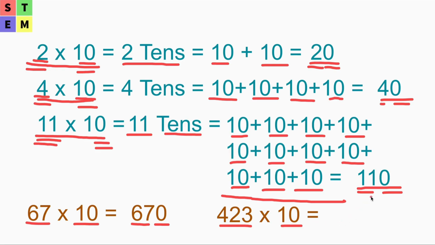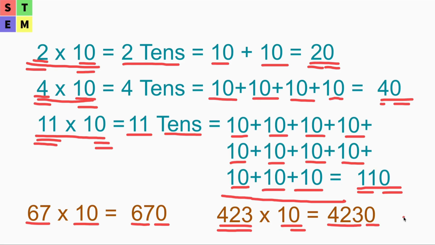So according to the pattern, what we can do here is take 423 and add a 0 at the end of it. So what we've got here is 4,230. So that means 423 times 10 equals 4,230.